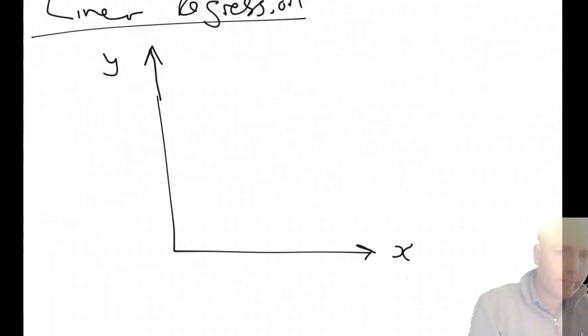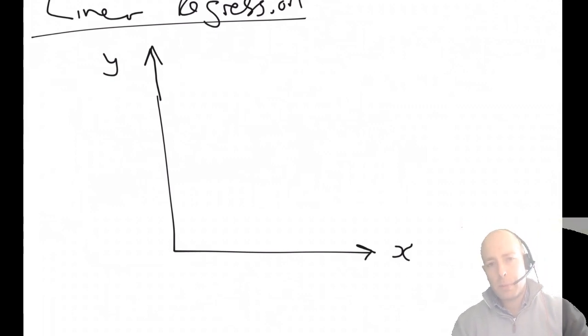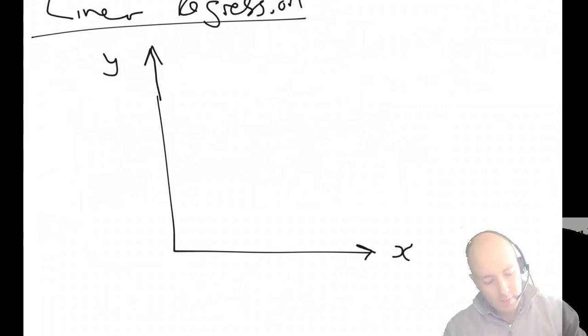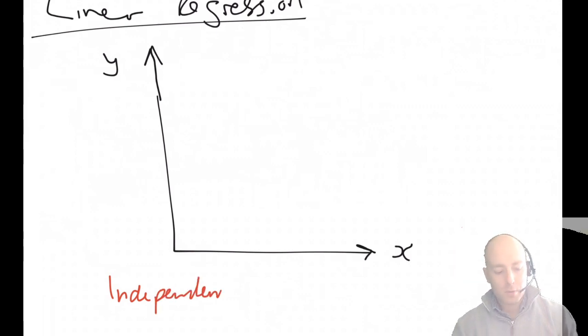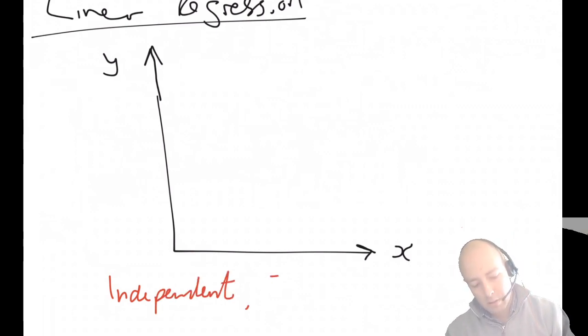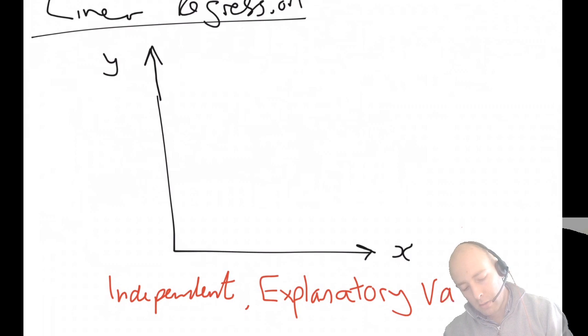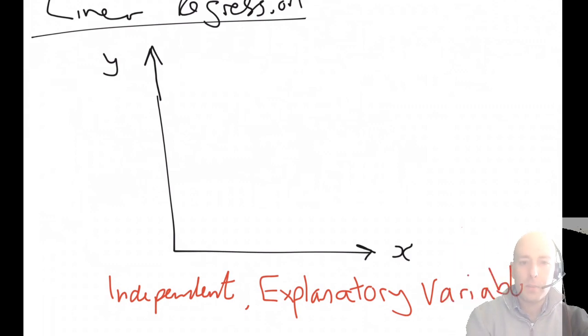The variable we put on the x-axis should be our independent variable, which is sometimes called the explanatory variable. And the x variable is the important one because this is the one that causes the other one to change. Time is almost always on the x-axis because nothing causes time to change. So whatever you put on this axis should be the cause of the other thing changing.